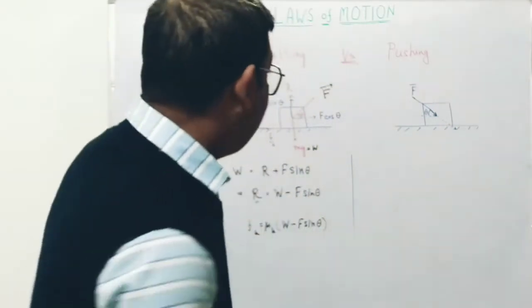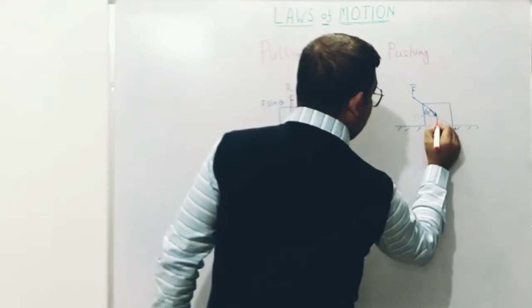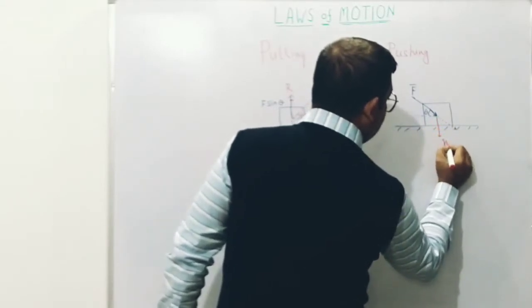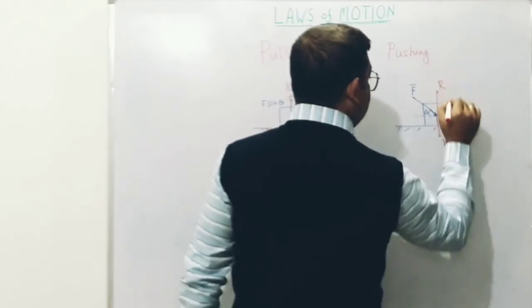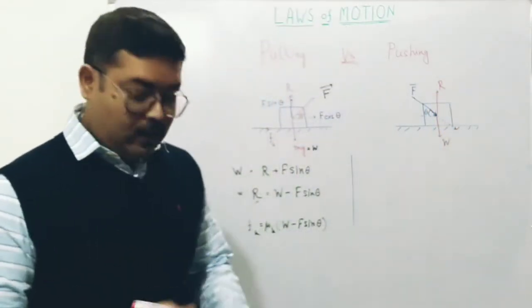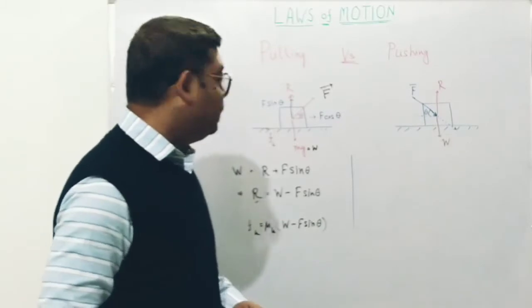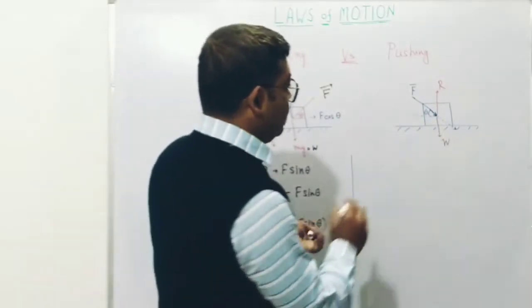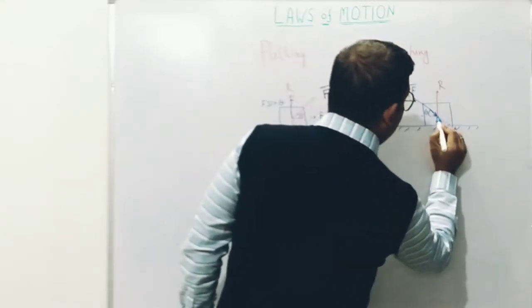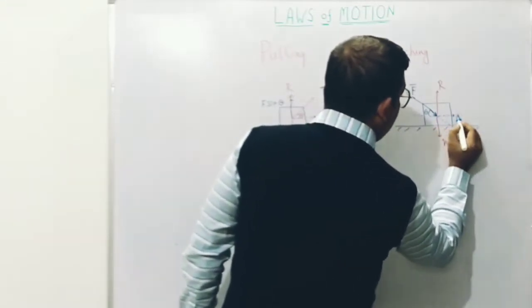The existing forces on the object, it's the same object, so the downwards weight will still be there, and there will be this normal reaction R. Here again it will be convenient for us to resolve the force which is at angle theta. So this is the direction of the force, and we will resolve it along this.